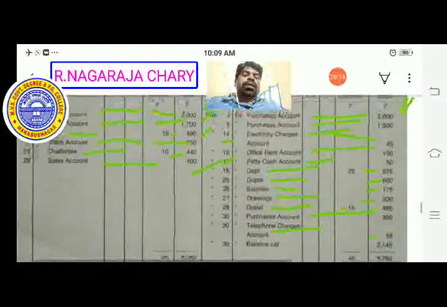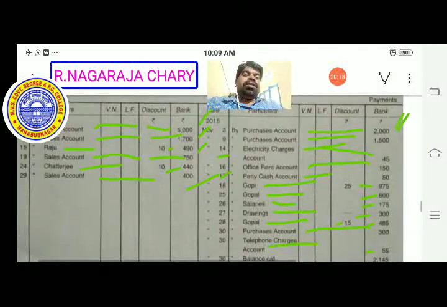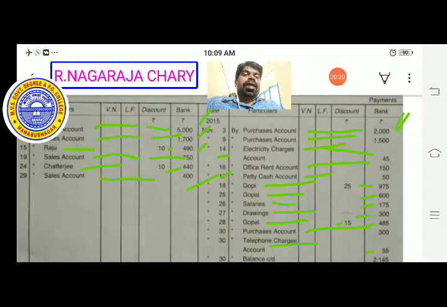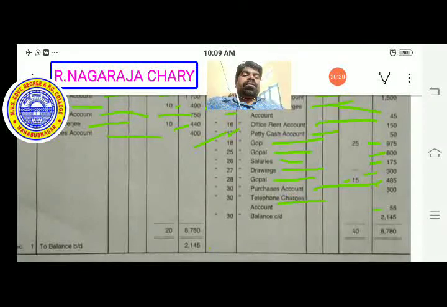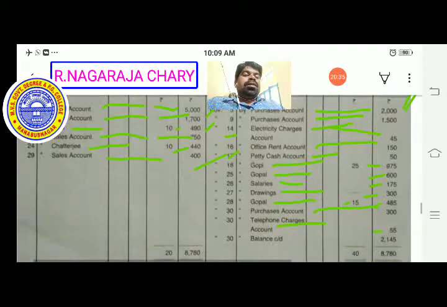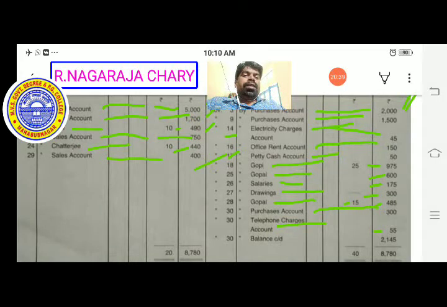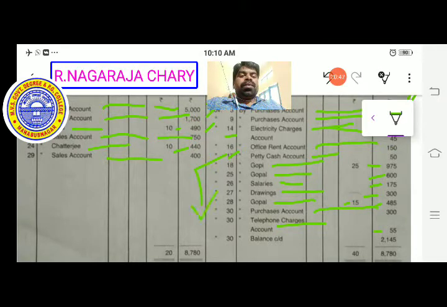Next, the bank column. Here in the bank column we have to balance. You have to identify which side is higher and which is lower. First, you see here the debit balance is higher, that is 8,780 rupees. All the debit column amounts are to be totaled, and 8,780 rupees is the total amount.